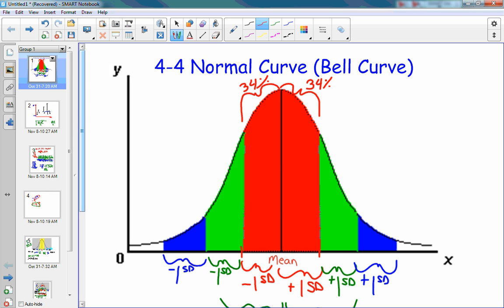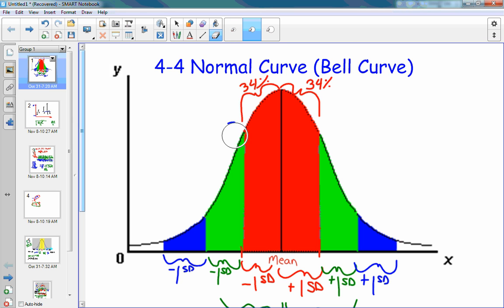The green is 27%. Okay? So technically, if you add the red and the green, 95% of all the data you're going to find is going to be between 2 standard deviations less than the mean or 2 standard deviations more than the mean. It's going to fall in here. So if I have to get 95%, oh, that should be green.